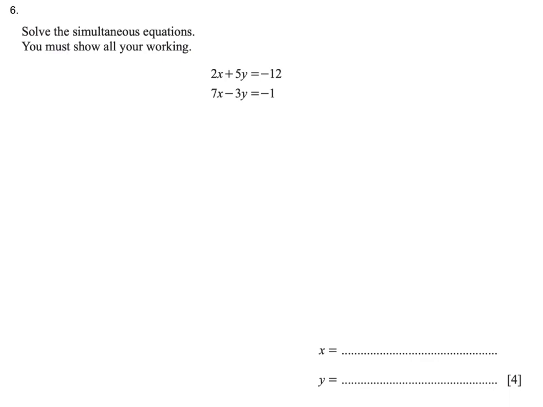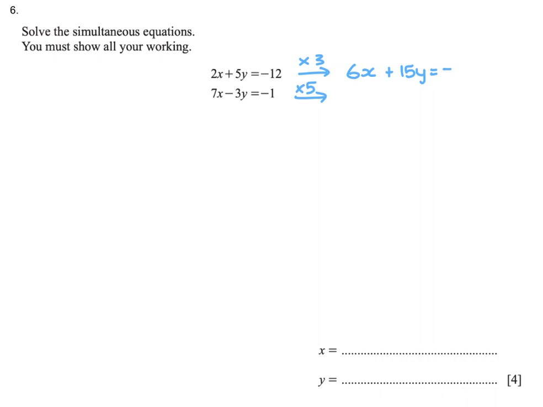So if I was using the elimination method, then I might want to multiply the top equation by 3 and the bottom equation by 5 in order to get the y coefficients the same value. Multiplying the top one by 3 would give me 6x plus 15y, and that is then equal to minus 36.